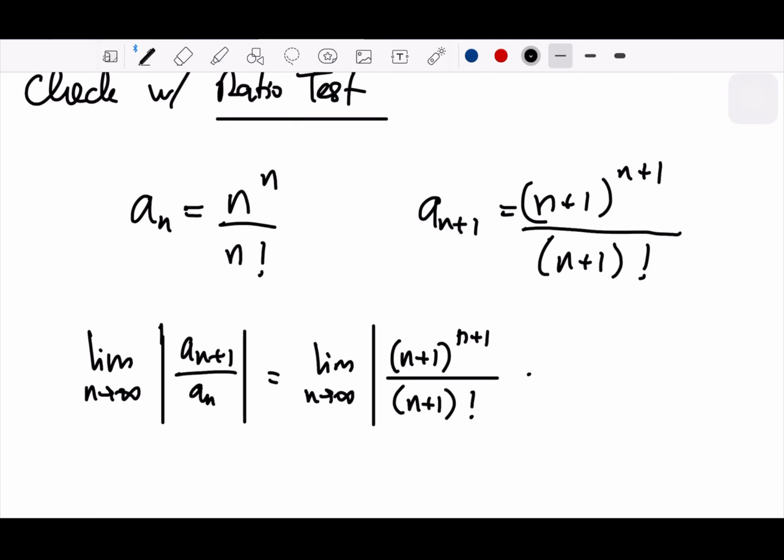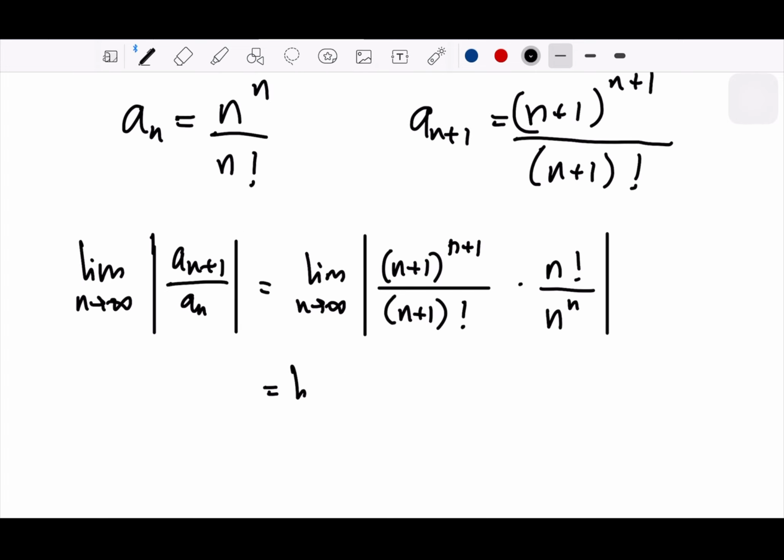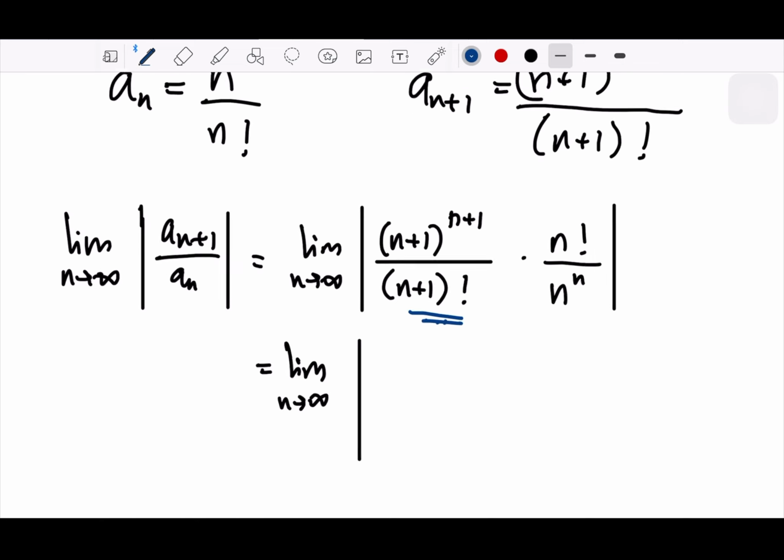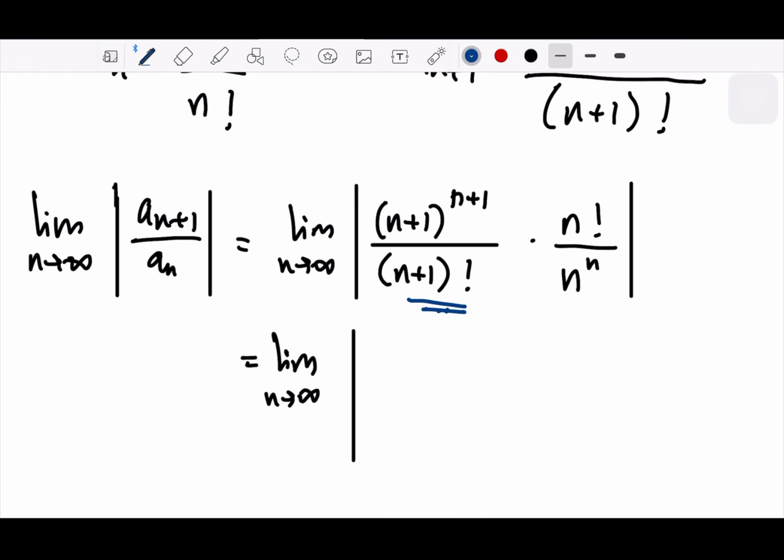And I will directly write this is n factorial divided by n with power of n. Let's take some time to solve this. For this factorial, I will add n plus 1, so I will write this using blue color.